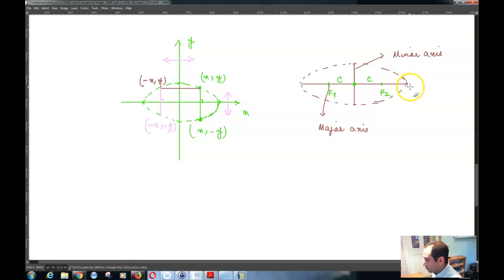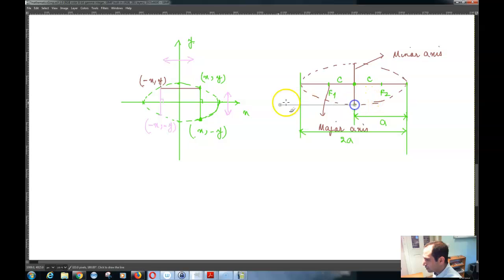And then the distance along the major axis, if I imagine that this is the end of the major axis and this is halfway through the major axis, this distance is denoted by a, meaning that naturally this whole distance would be 2a.